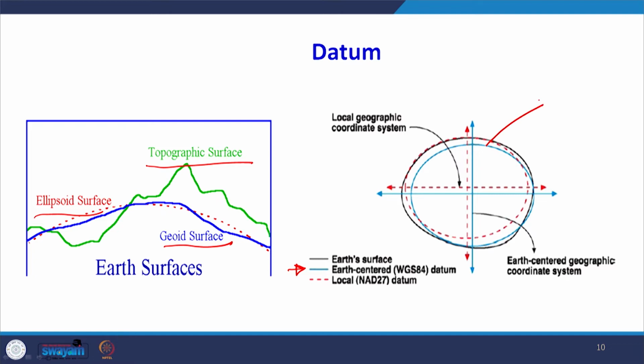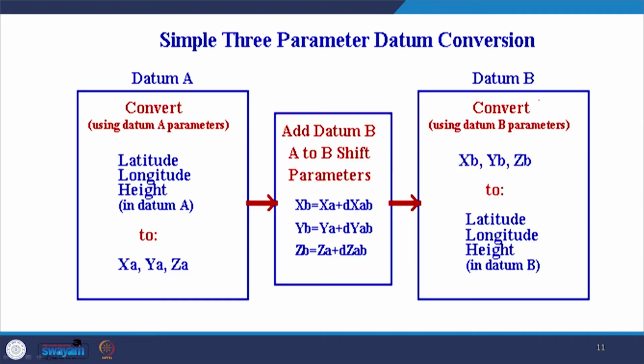This is the datum which we are using. There is a small difference, as you can see in this diagram, and mathematically we can model that difference between the mean sea level and the WGS84 datum. This shows how you can convert from one datum to another datum.